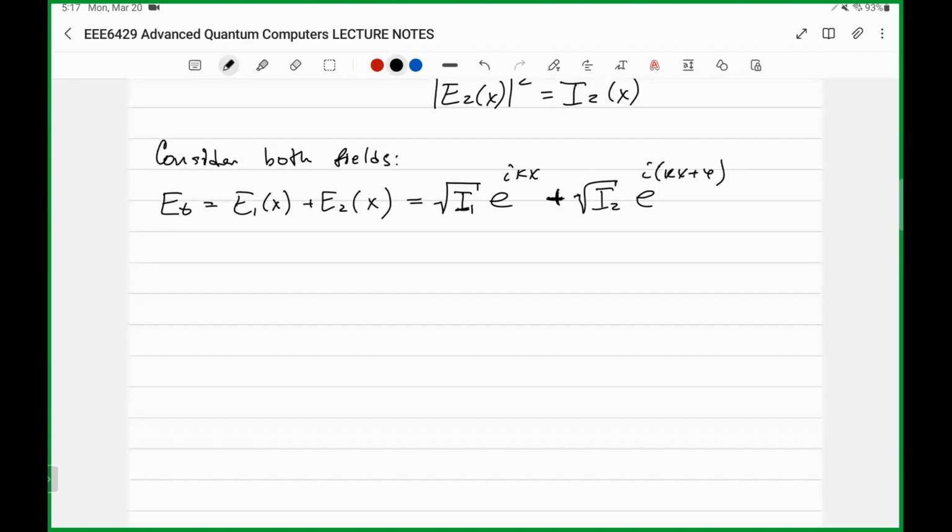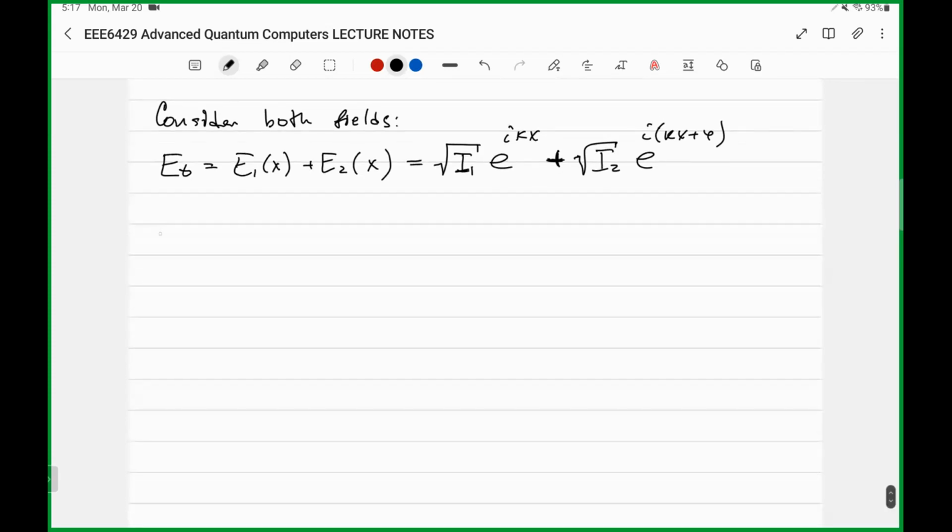So we just sum up all the fields. This is the superposition principle, right? For any linear system, the solution is the sum of partial solutions.